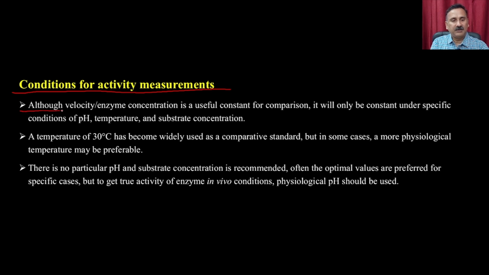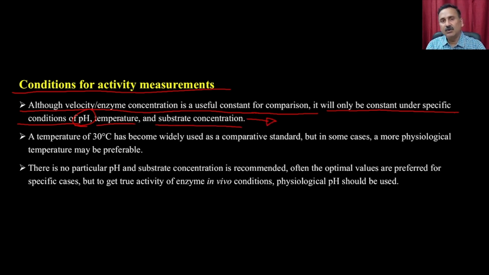Although the velocity or the enzyme concentration is a useful constant for comparison, it must also be constant under specific conditions, for example the pH, temperature, and the substrate concentrations. Many of these parameters are going to change the enzyme activity. That's why you should also define at what pH, at what temperature, and at what initial concentration of the substrate you are getting this activity.